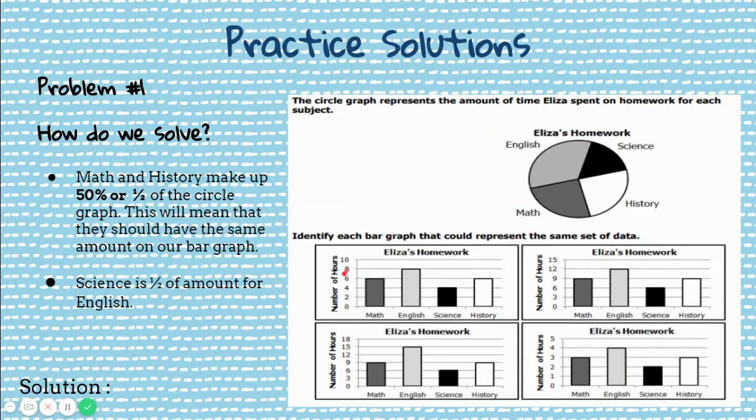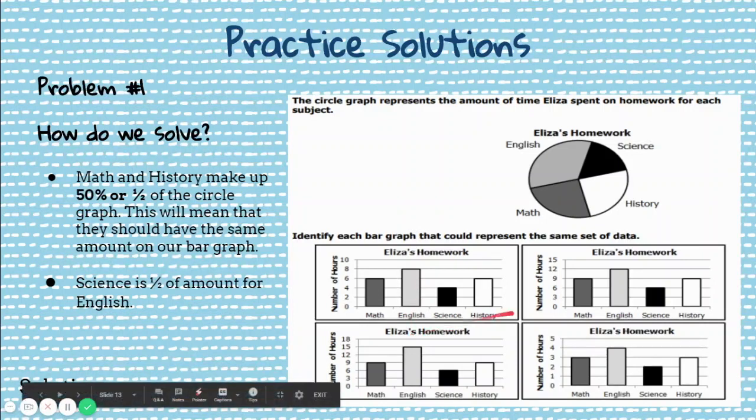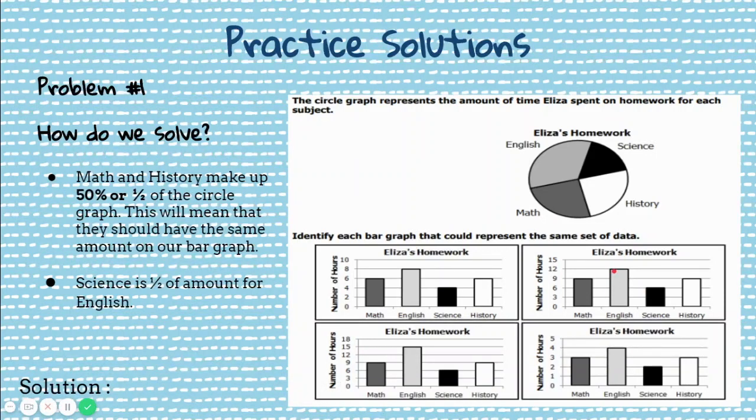So when we're looking at our options here, we see that science in this first option is 4 hours and English is 8 hours. So that is double the amount for English. Same thing here in this option. Science is 6 hours and English is 12 hours. That is also double the amount. In this option, science is 6 hours and English is 15 hours. That is not double.